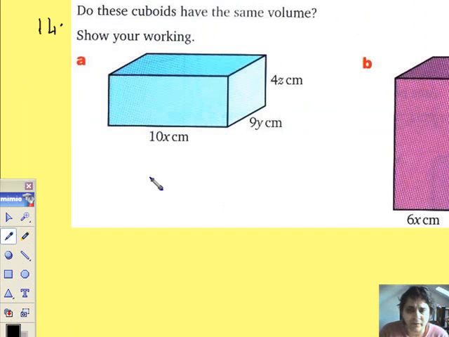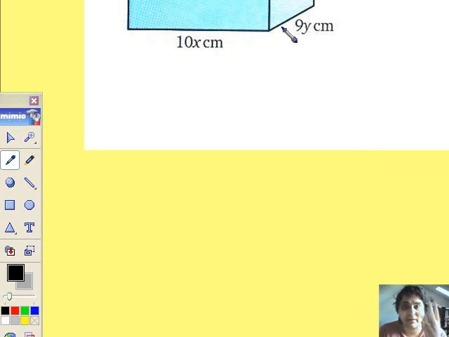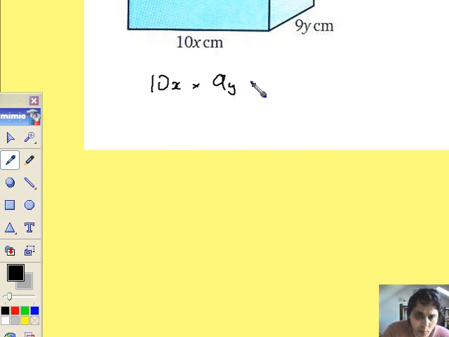Well, how do you work out the volume of a cuboid? It will be width times, I don't know, or length times width times height. It doesn't matter what you call it. You must multiply the 3 lengths that are pointing in the 3 different directions to make the 3 different dimensions. So I've got 10x multiplied by 9y multiplied by 4z.